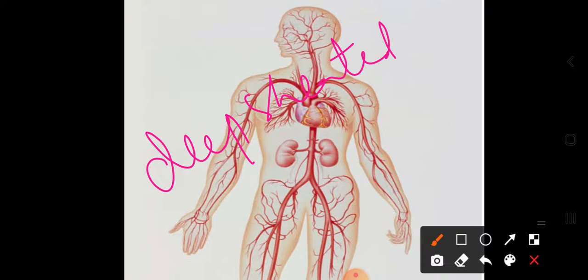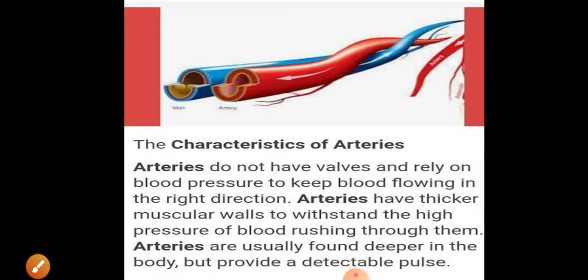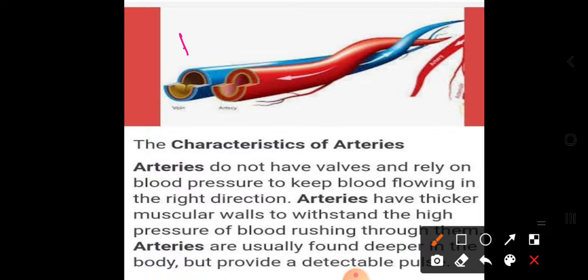Okay, children. So now here in these arteries, if you see how the arteries are. Arteries are pumping the blood from heart to body cells. When they are pumping this blood from heart to body cells, a lot of blood pressure is acting on their walls.